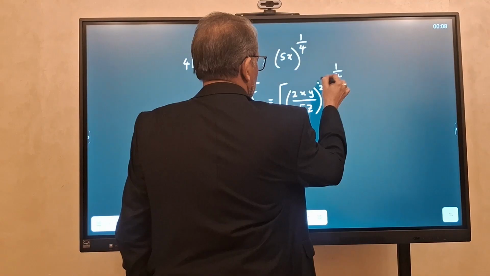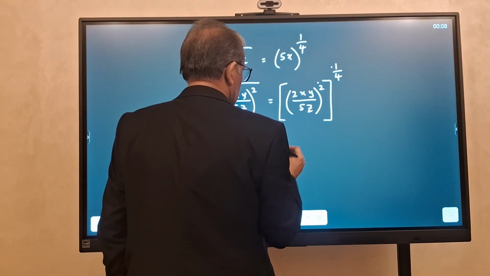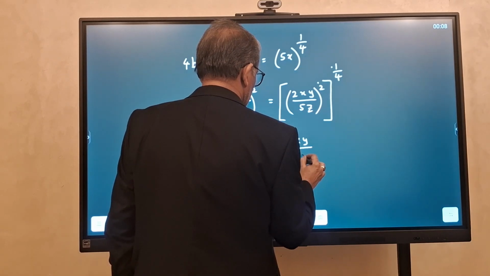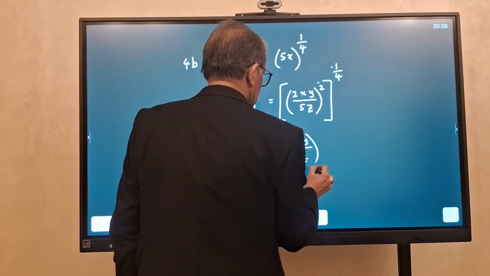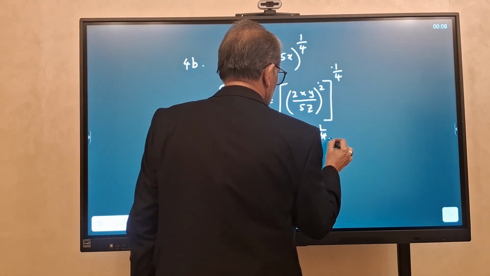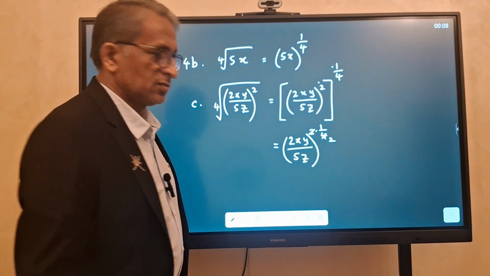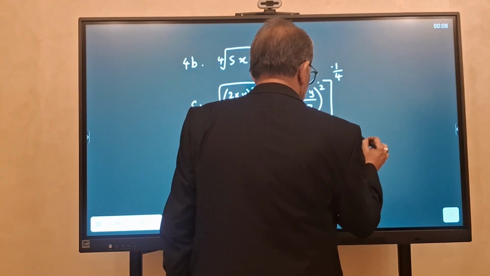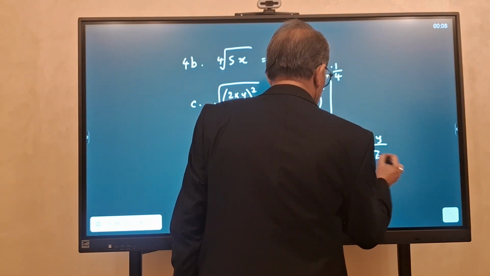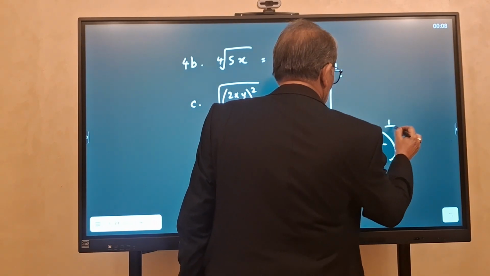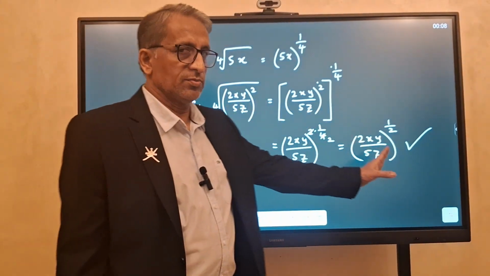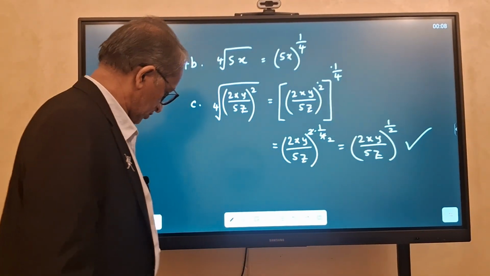Now the power we have is 2, so we can multiply them. I multiply the power 2 into 1 by 4. 2 cancels. So what is the final answer? It is 2xy by 5z power 1 by 2. Answer. So the radical becomes a rational exponent.